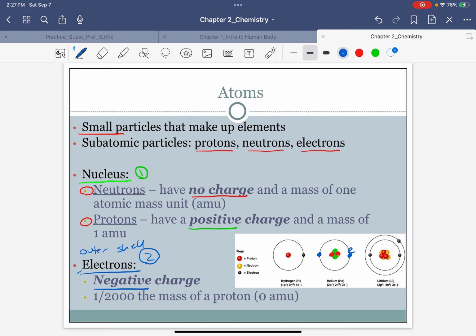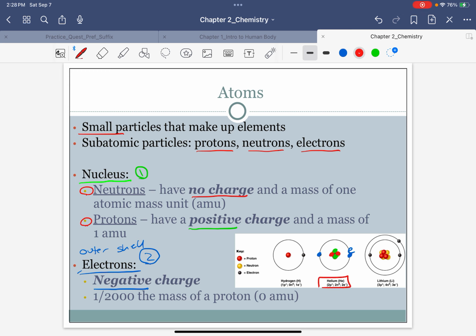Now, your everyday atom has the same number of protons, neutrons, and electrons. There's always going to be variations and exceptions, but for our first understanding, a typical atom has the same number of protons, neutrons, and electrons. Let's just look at helium. That's been our example anyway, right?